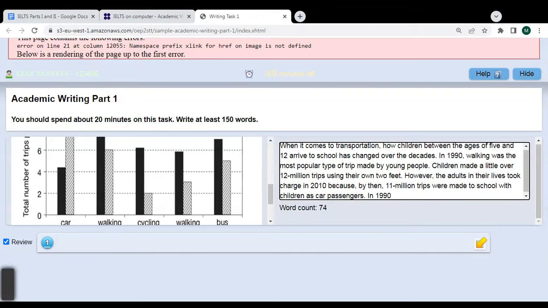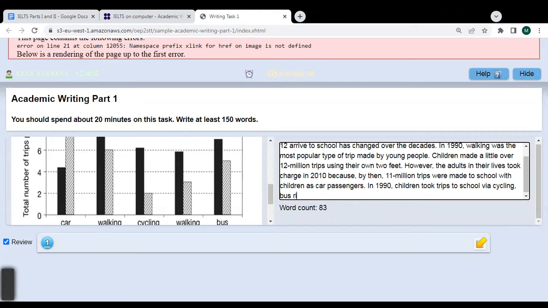In 1990, children took trips to school via cycling, bus riding, and walking.